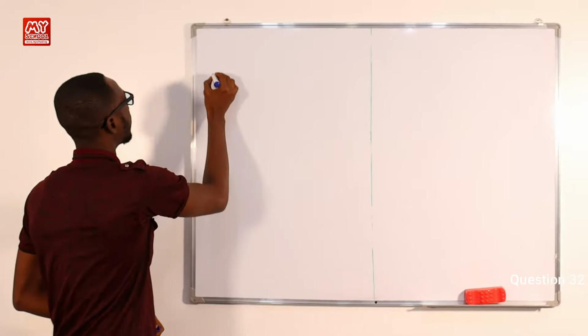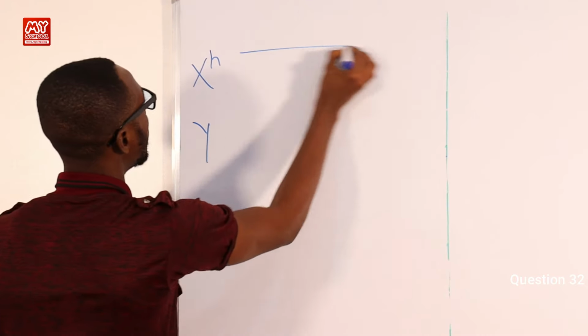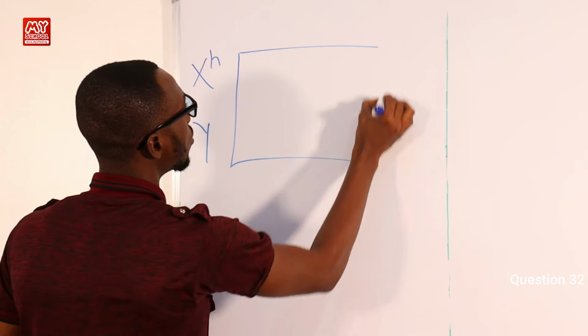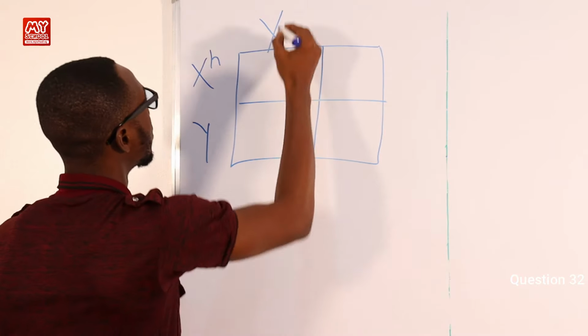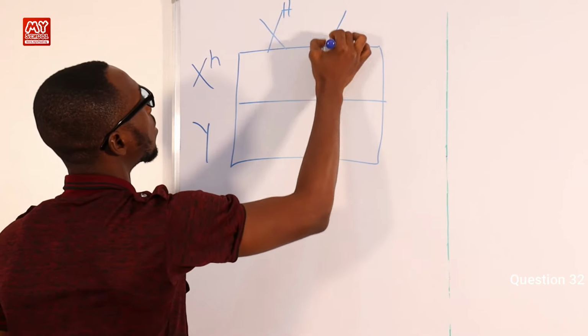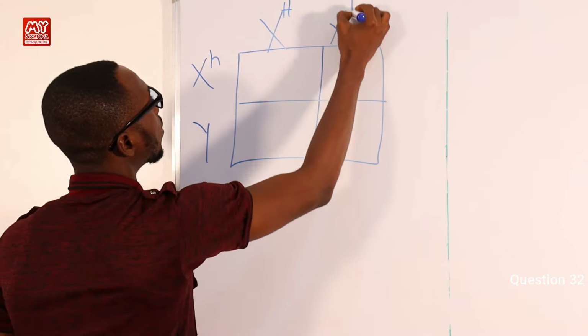We are told that the male is hemophilic, so we'd have this. And then here we go with the square. Very well, so this is for the female. We are told the female is heterozygous, so we're going to have this. All right, so let's cross them together.